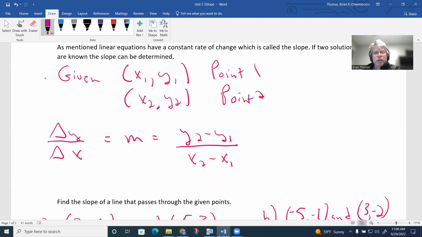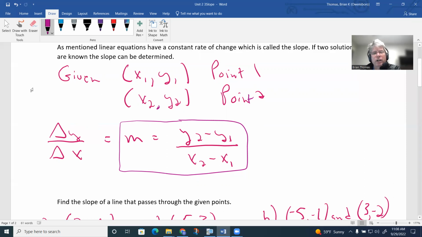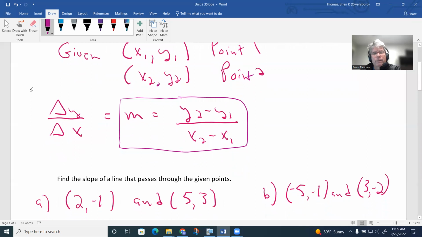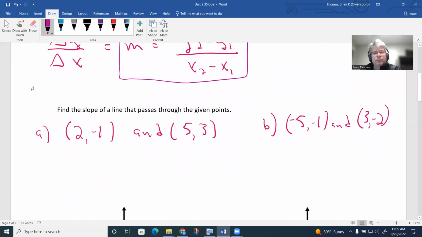So the slope formula becomes this here. If you subtract the y values, y2 take away y1, and then on the denominator, to find the change in the x's, you subtract the x values, x2 minus x1. If you simplify that ratio, that fraction, that becomes the slope of a line.